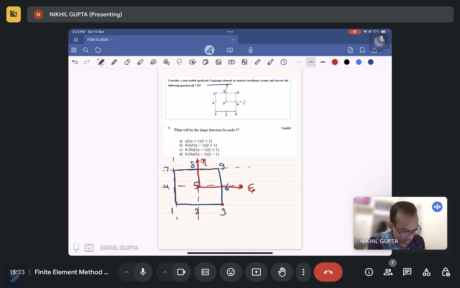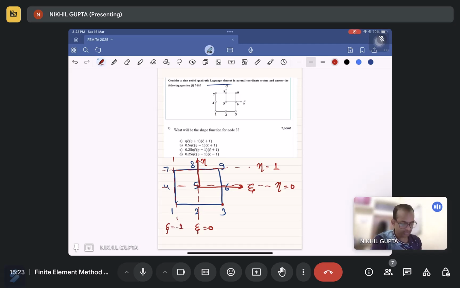So let's write the equations of these lines. First, this line will be eta is equal to 0. For this line it will be xi equal to 0. Now this line will be eta is equal to plus 1, and this will be xi is equal to minus 1.